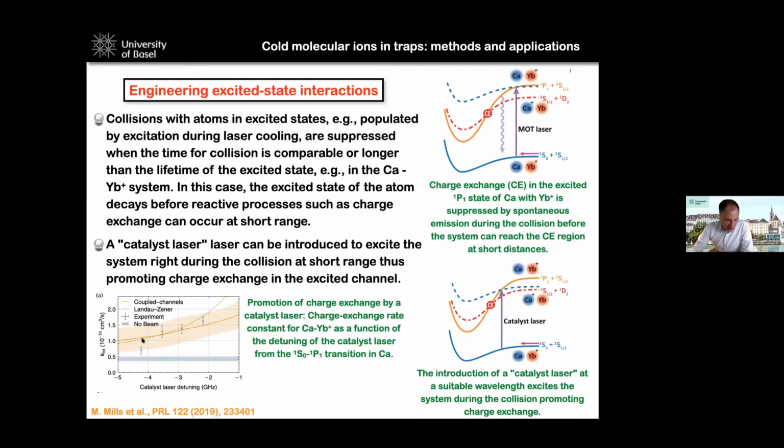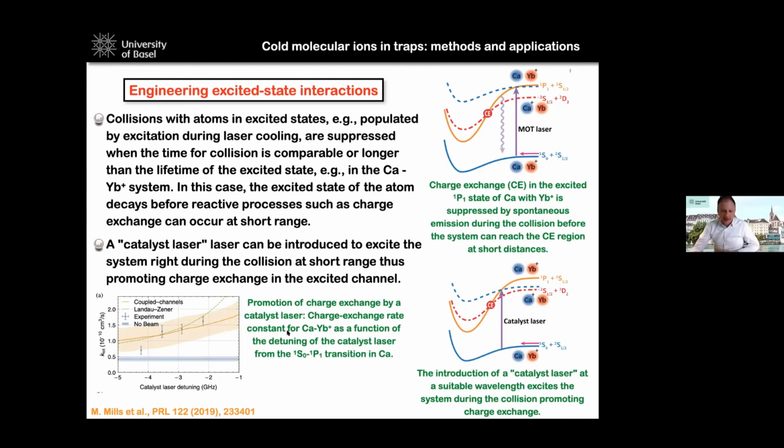What is shown here is a result: the rate constant measured in the experiment for this charge transfer as a function of the detuning of this catalyst laser. Here one sees the situation without any catalyst laser, where one measures a rather small rate constant. But if the catalyst laser is switched on, one sees a marked change in the charge transfer rate constant as a consequence of the presence of the laser and the population of this excited curve during the collision.